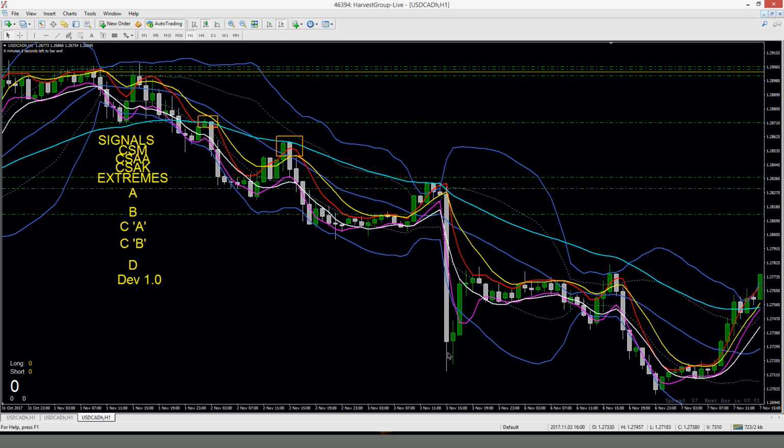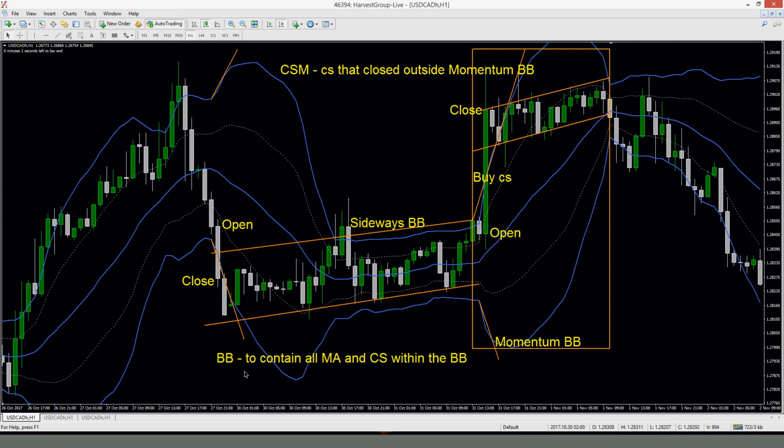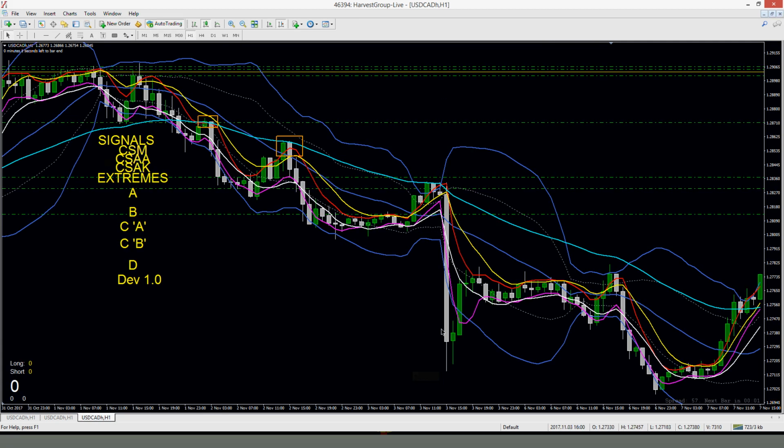So the price went down, CSM, then you know why you need to take profit on the very lowest one, because this candle is too far away from the Bollinger Band. And if you go back to what the Bollinger Band's main function is, to contain all moving averages within the BB. And this candlestick momentum is too far away from the BB. So obviously the candle will move sideways and upwards.